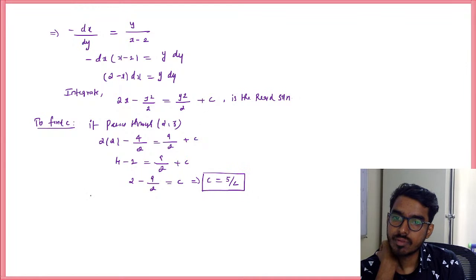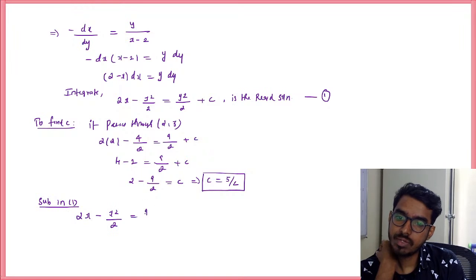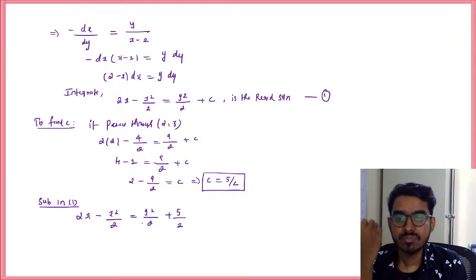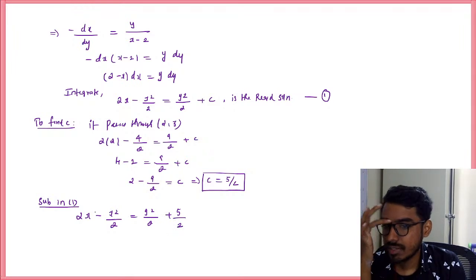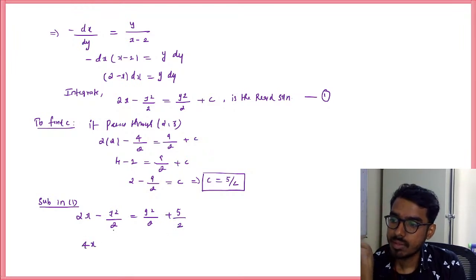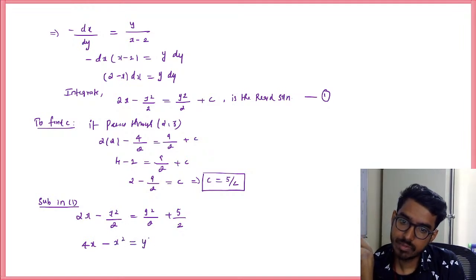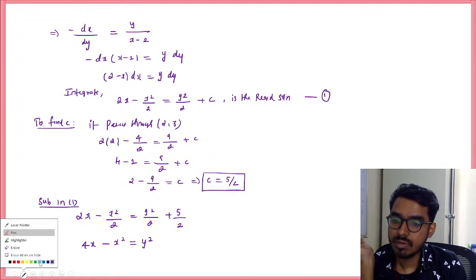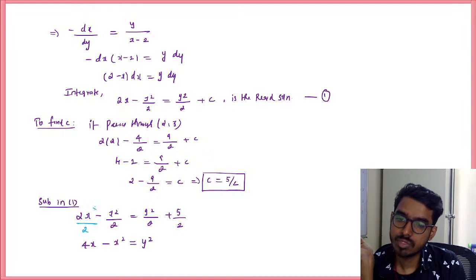Substitute back in 1. So 2x minus x square by 2 is equal to y square by 2 plus c, where c is minus 5 by 2. Let's multiply by 2 so that we can cancel every 2. So we have 4x minus x square is equal to y square minus 5.